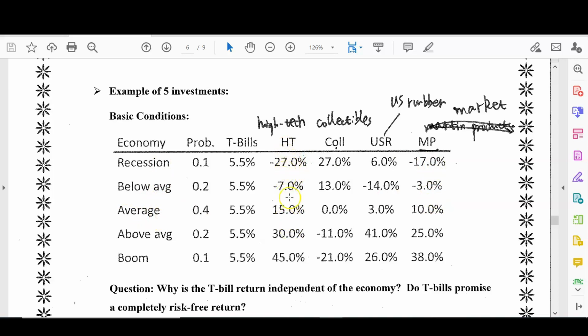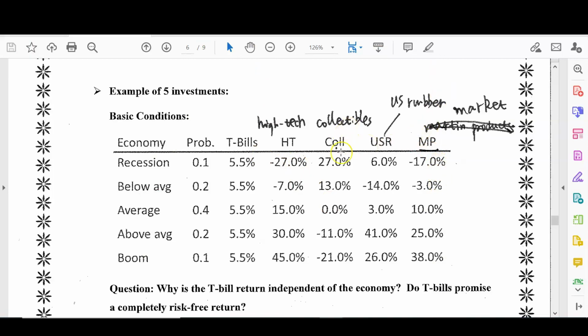We see all the negative numbers here. When the economy is well, the market index is going well, and high-tech has positive, higher returns. So high-tech or most industries have a positive correlation with the market index or economy. It goes up when the market index goes up.